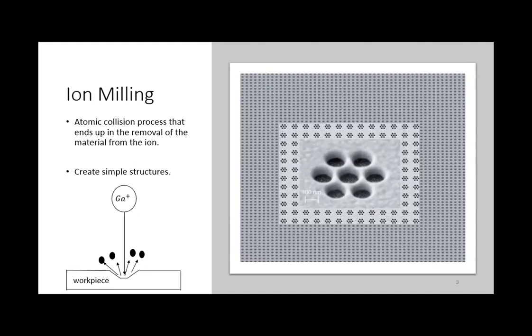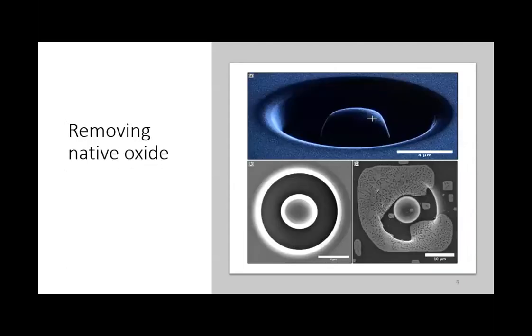In my project, I used the focused ion beam one time, and we were interested in removing native oxide. This native oxide can easily form on the silicon substrate when you use a cleaning process and then expose the wafer to the atmosphere.